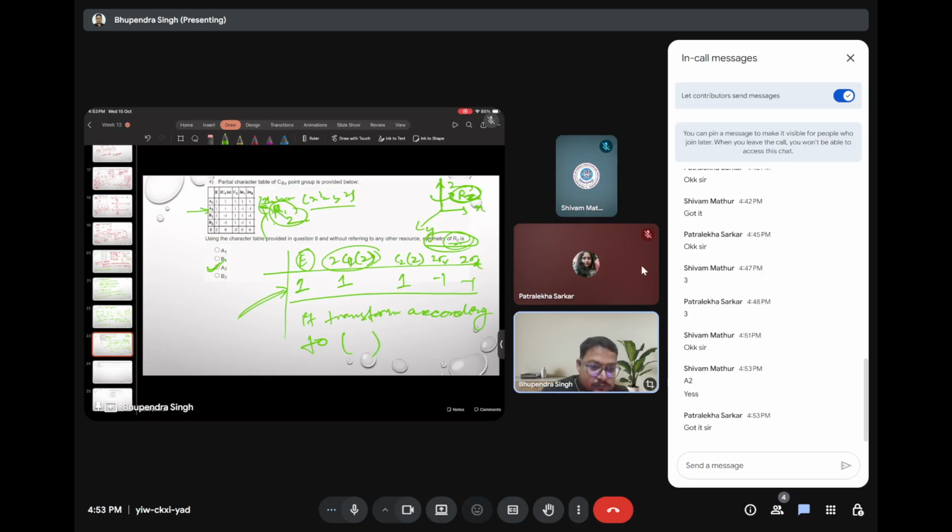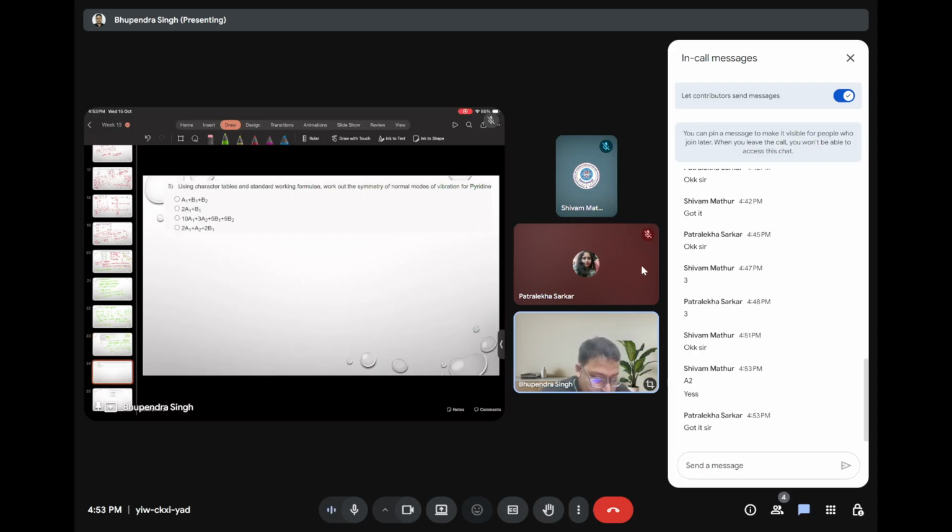Fine. Okay, moving to the next question. Using the character table and standard working formulae, work out the symmetry of the normal modes of vibration, the total vibration modes of the protein. This is the structure of the protein. First, tell me how many atoms are in this molecule.